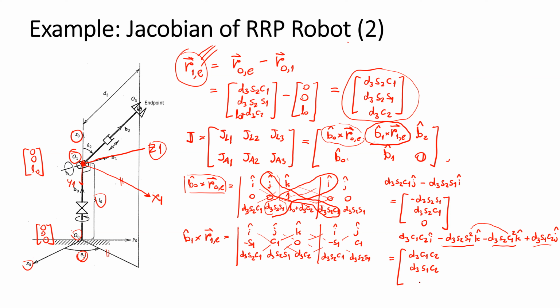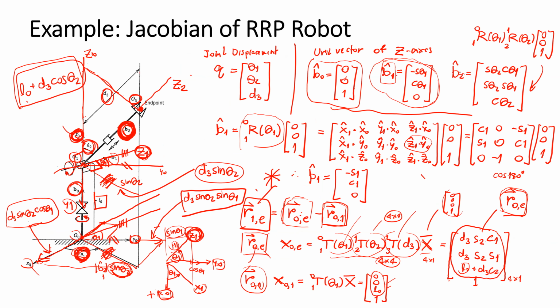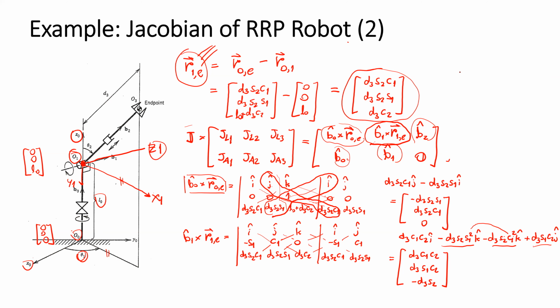So it's gonna be minus D3 S2. Just like this. This will be 1. Okay. So yeah, we have everything now. We can obtain B0, B1, B2 from the previous page. And for the cross product of unit vector and relative position vector, we also did it here.